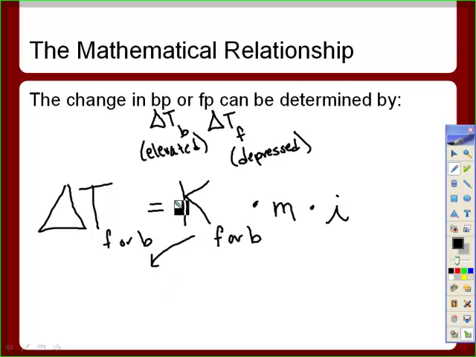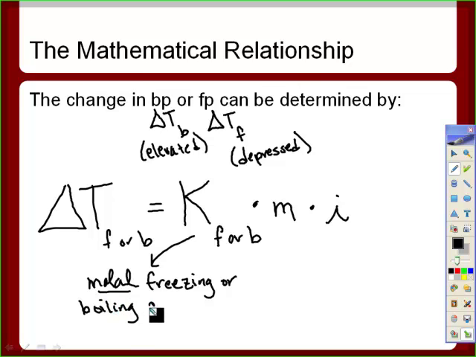So right now, let's just name K. This K sub F or K sub B is called the molal freezing or boiling constant. And we're going to talk about that more here in a second.